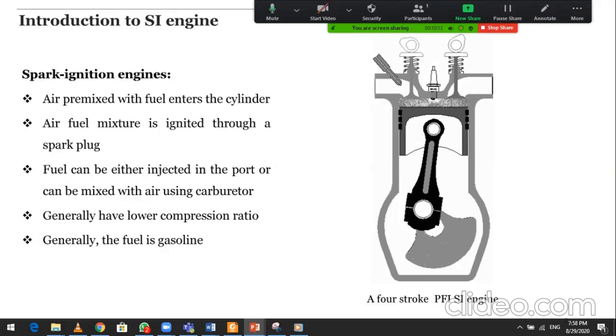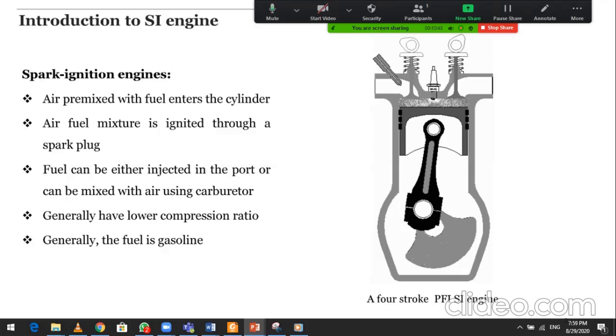Air pre-mixed with fuel enters the cylinder. Pre-mixed means the carburetor supplies the air-fuel mixture properly to the engine through the inlet valve. Second, the air-fuel mixture is ignited through a spark plug, after being compressed.